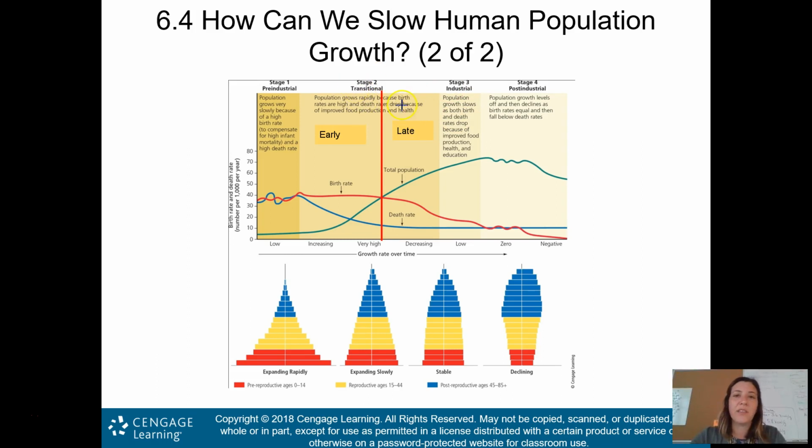So what we're calling stage 2 or stage 3. Obviously, the more highly developed countries would mostly be in this industrialized stage, and some of them now entering the post-industrial stage. But most of the world's population falls in either early transitional or late transitional.